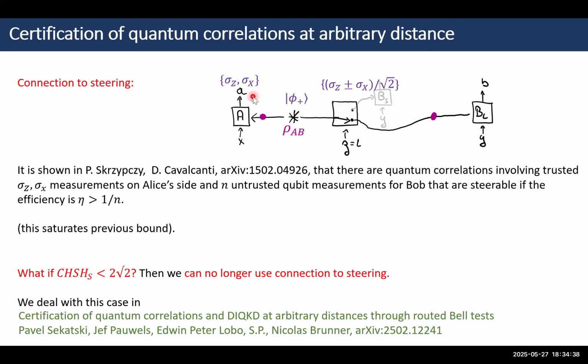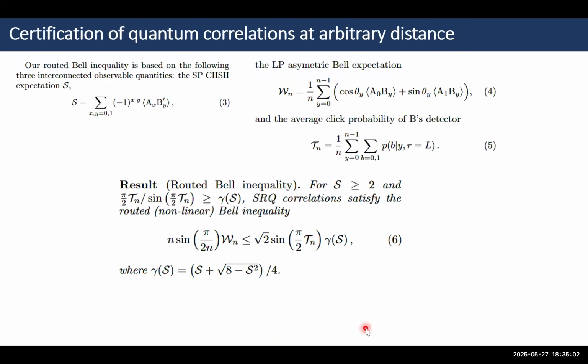What if we don't have a perfect CHSH violation? Then we can no longer use directly this connection to steering, because then we cannot guarantee that Alice is doing exactly the sigma Z and sigma X measurements, and everything becomes much more tedious. But in this paper, we do this analysis. I will not enter into the details, but basically we introduce this: a short path CHSH violation.